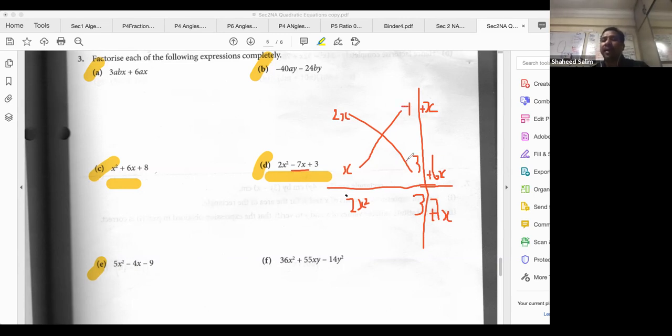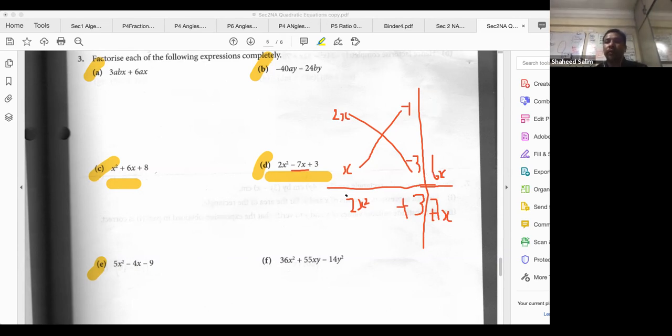Minus times minus gives you plus down here. So x times, now I need to rub off this one. Okay, down here, see.